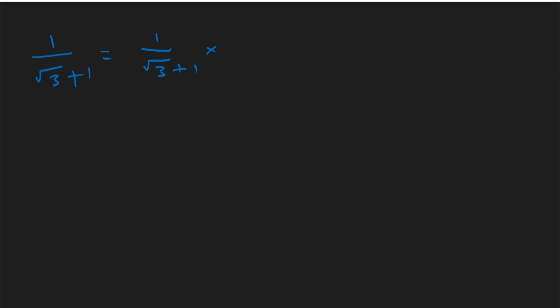We already know the conjugate. The conjugate of root 3 plus 1 is going to give us root 3 minus 1. Then we multiply this denominator also by the conjugate, root 3 minus 1.